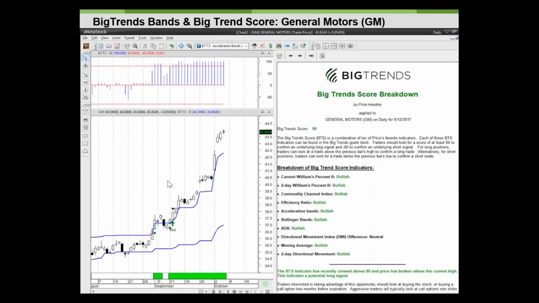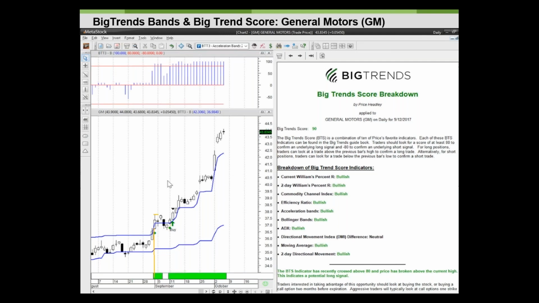So the one I promised to talk to you about that actually has been very good to me lately, and it's very ironic because it's not one I would have expected to trade for a long time, is General Motors, GM. Now, GM, this is through today's data here, you can see gave an initial setup there at the start of September. Remember, you had the first Hurricane Harvey in Houston.